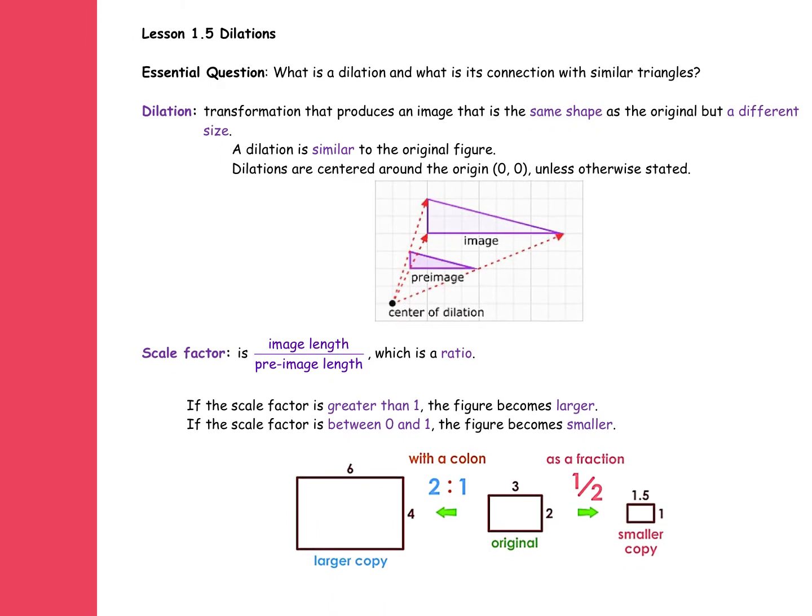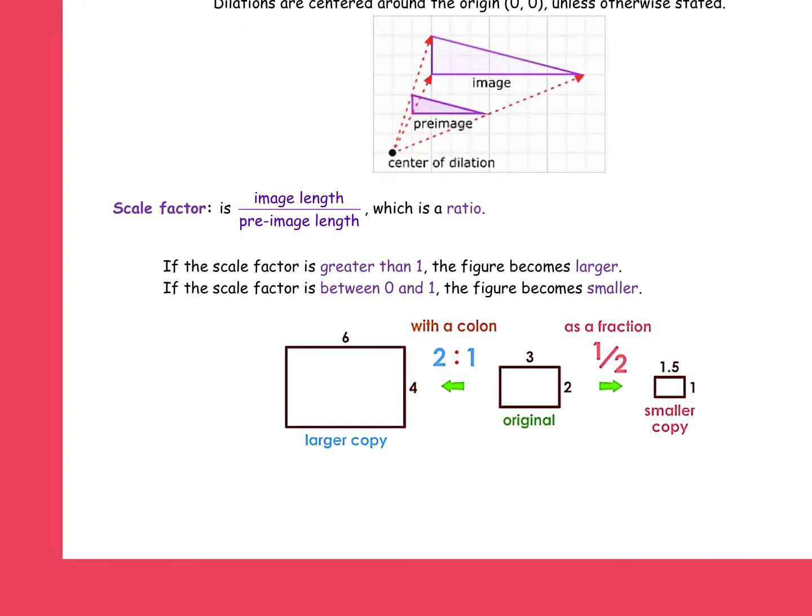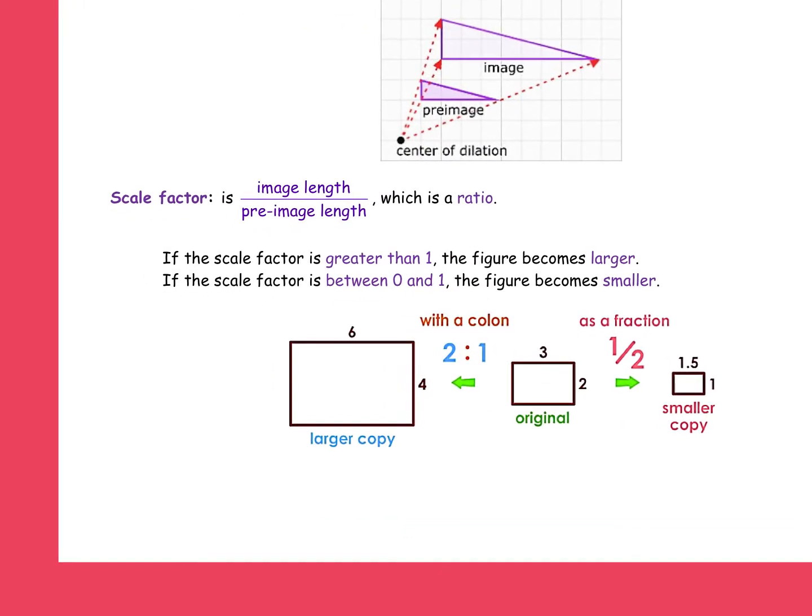No. Scale factor is the one thing we're going to talk about. The scale factor is how much it's been dilated, and that equals the image length over the pre-image length. The image length is how long our new image is, and the pre-image is how long our old image is. And that is a ratio because it's a fraction. All fractions are called ratios.